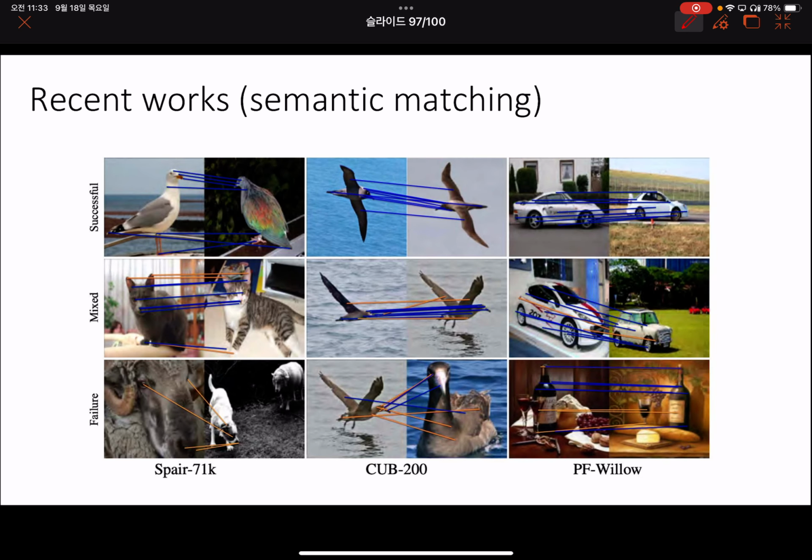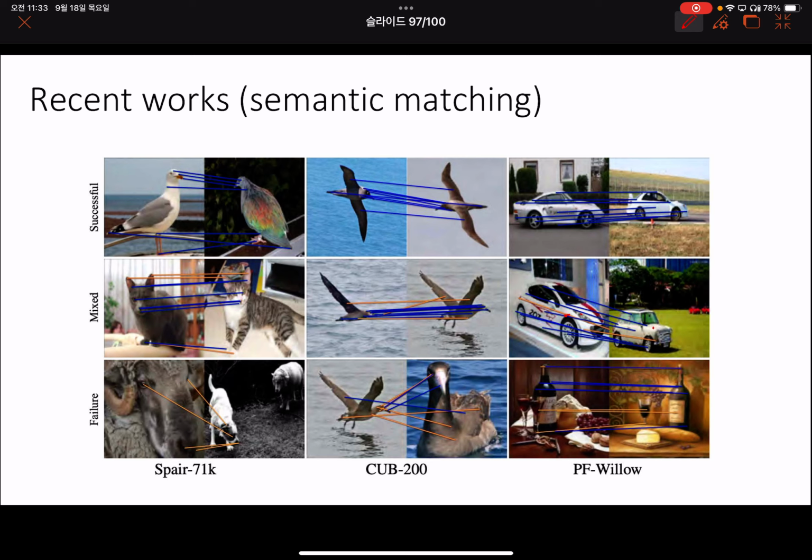And let me introduce some recent works. These days, people try to do more, like what is called semantic matching. So these are different objects, right? Different objects, but they might share a similar structure. Like birds, they have a face, wings, and legs. Cats also have eyes and a nose.